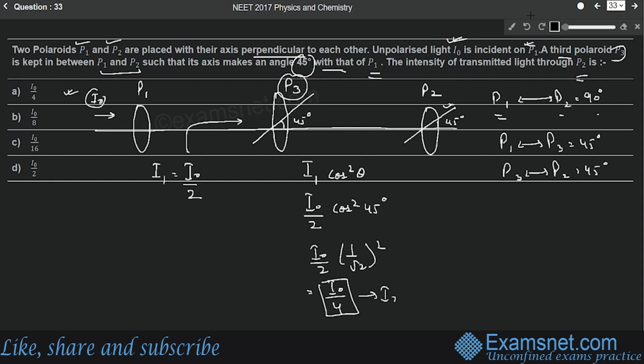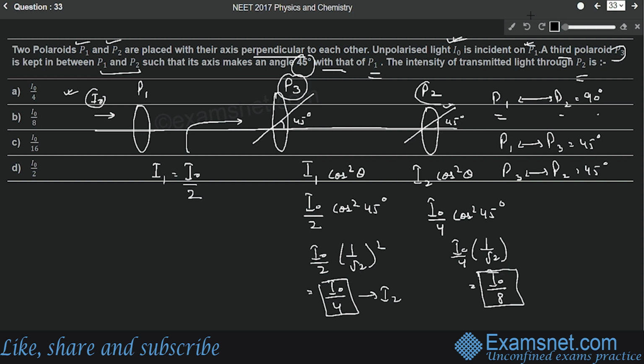The intensity of the light that will come out of P2 will be I2 cos square theta. I2 is I0 by 4, and again theta is 45 degree. So it will be I0 by 4, again square of 1 by root 2, which is equal to I0 by 8. So this is the final intensity of the light that will come out of P2. The correct option will be option B, I0 by 8.